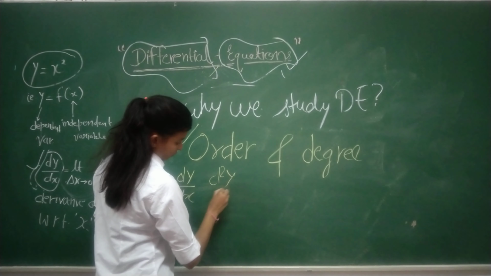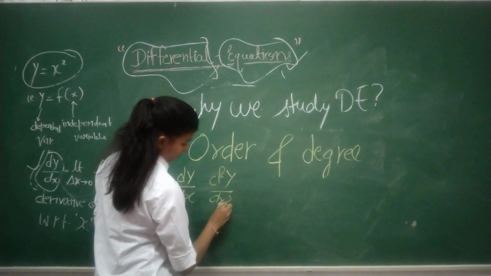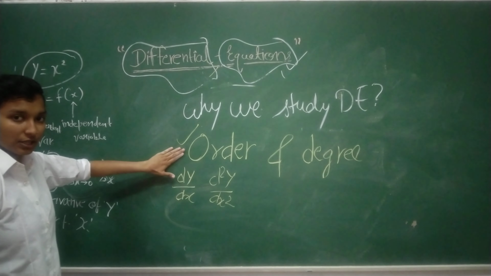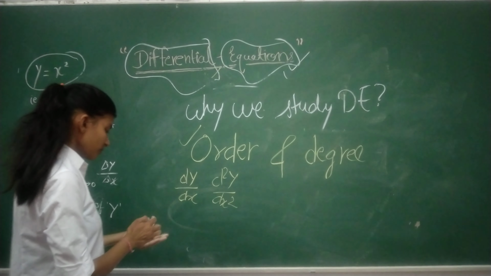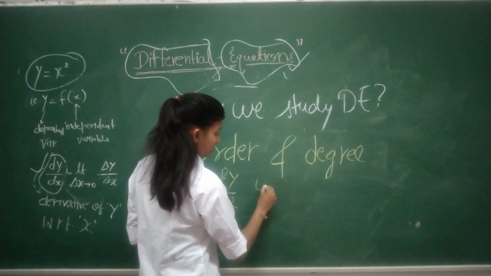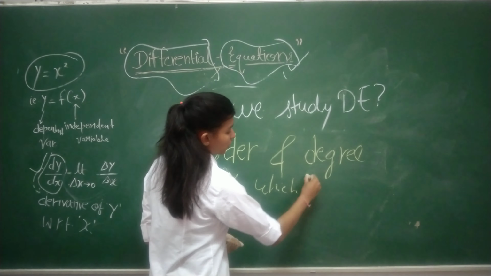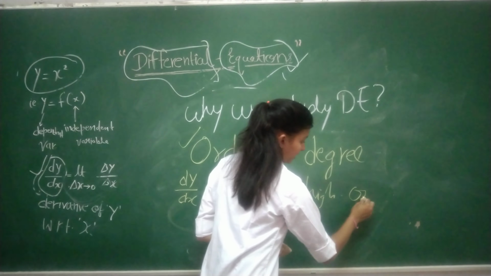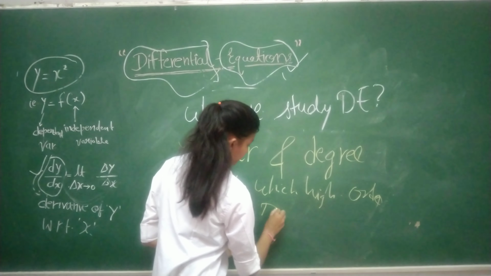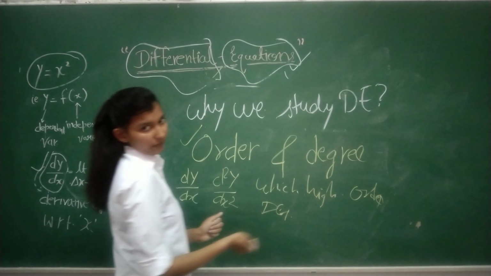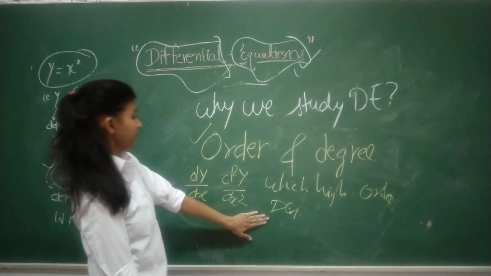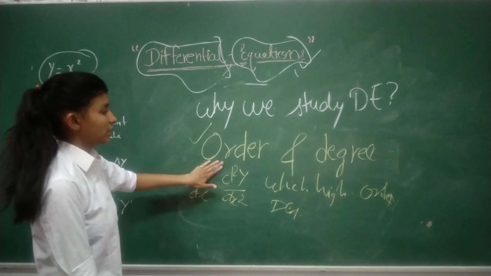If we differentiate twice, it is called a second order derivative. Just like that, we define the order of a differential equation as the order of the highest order derivative contained in the equation.